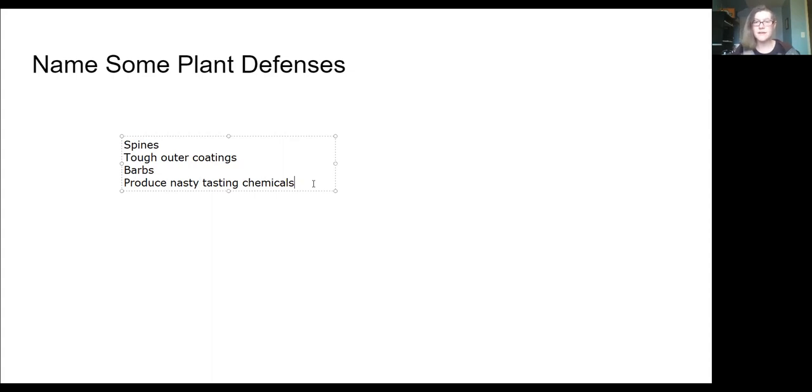Sometimes if you cut plants, they produce nasty tasting chemicals. They also produce, in some cases, toxic chemicals. So they don't want to be eaten, but they also will produce things that are trouble. So we talk about phytochemicals as the chemicals that come from plants. And some of them are phytotoxins. So they're plants you can't eat because they produce things that will actually stop you.